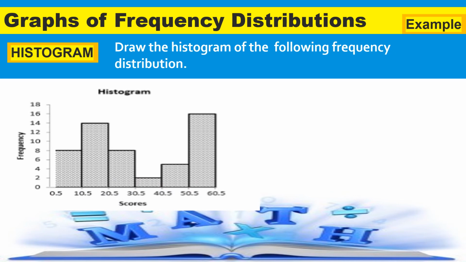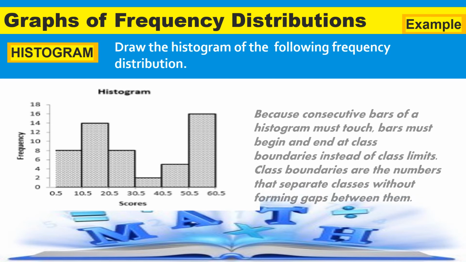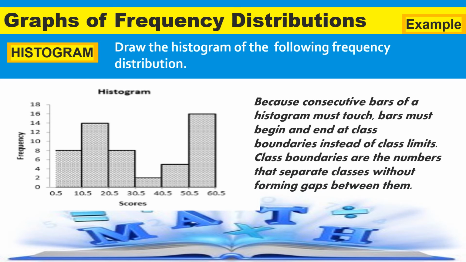Here is the histogram for the given table. We have the frequencies 0 to 18, and then on the histogram we have the x-axis, the scores or the lower limits.